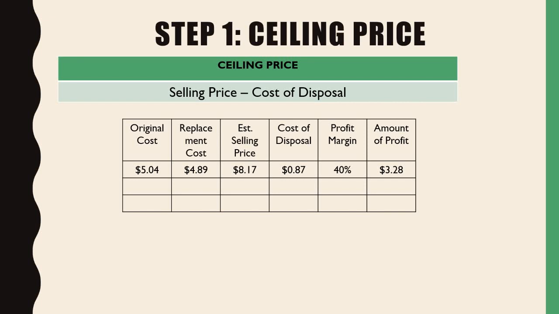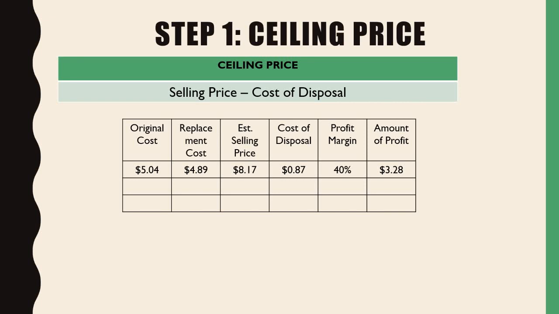you are always going to be given the original cost, what it cost you when you purchased that item, okay? And then your replacement cost is what comes from your research, when your marketing team or your cost team tells you that this item right now in the market costs this much.